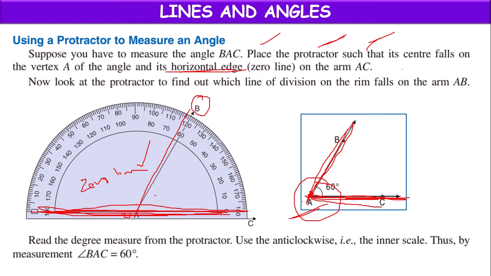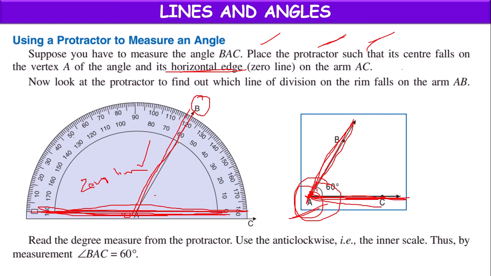If we keep the center of protractor at A and the zero line coincides with the AC arm, then AB arm will be showing some point on the protractor. That point we have to note down.